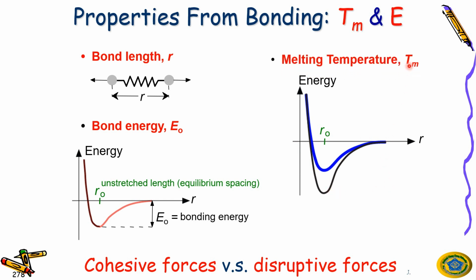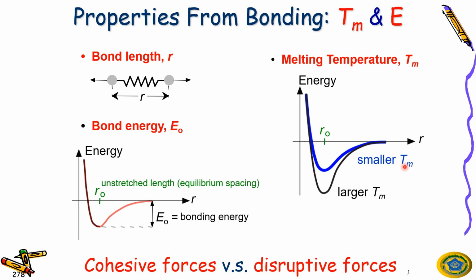So the melting point, Tm, this has a larger melting point. This has a smaller melting point. If you regard this as 2 atoms, one here and another one here, so this is a smaller melting point.